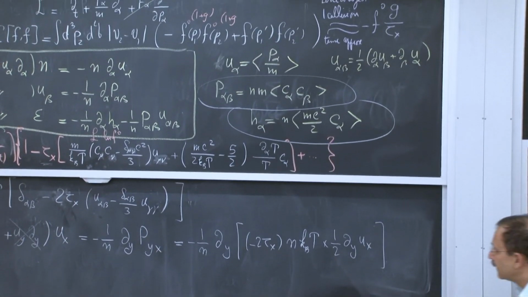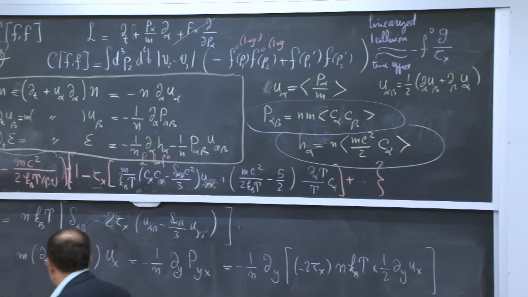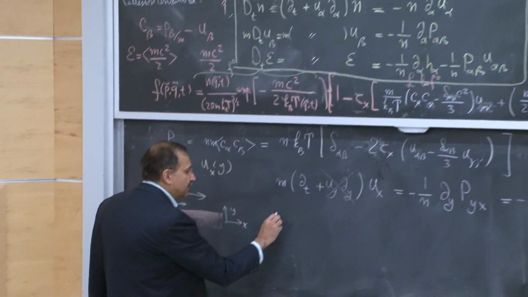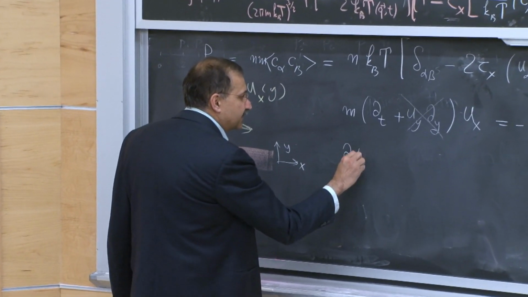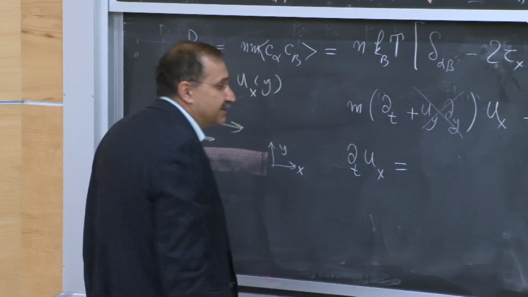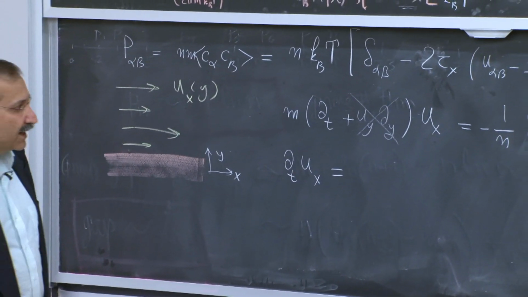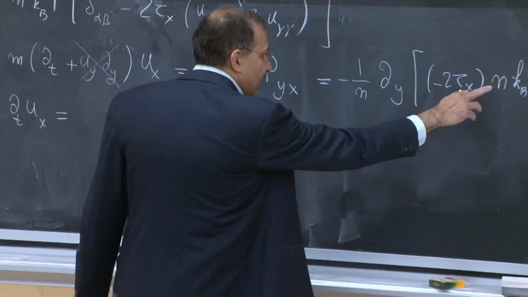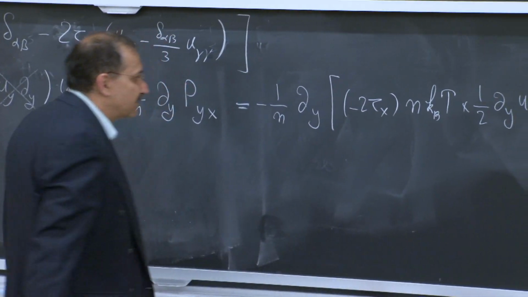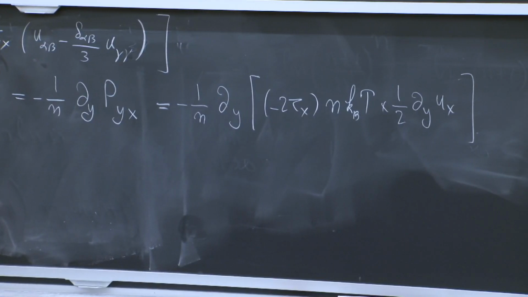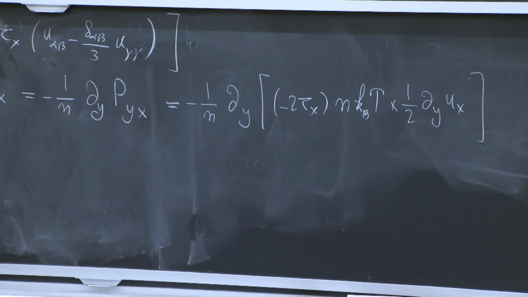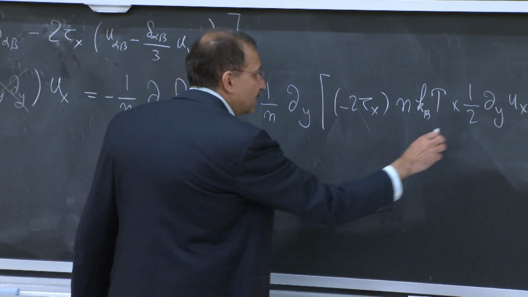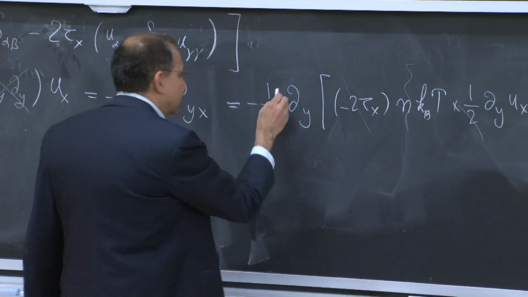Okay? So what we have, once we divide by m, is that the time derivative of ux is given by a bunch of coefficients. The n I can cancel if it does not vary. The 2's cancel, the n's cancel.